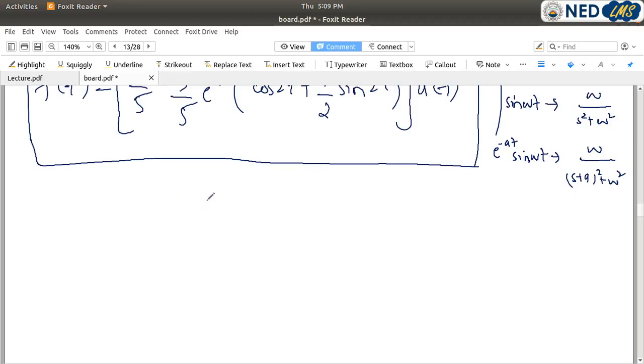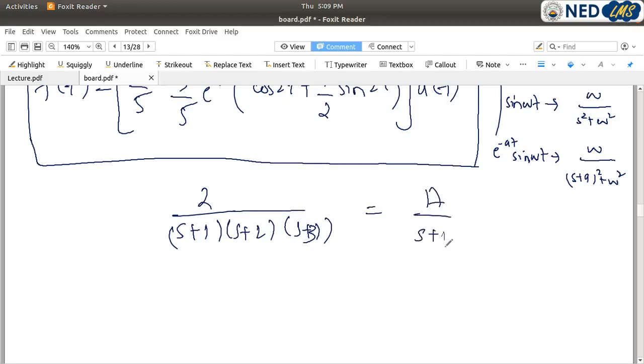For example, we have 2 over s plus 1, s plus 2, s plus 3. So we will write the partial fraction as a over s plus 1 plus b over s plus 2 and c over s plus 3. We will write as many partial fraction terms as the number of roots in the denominator.